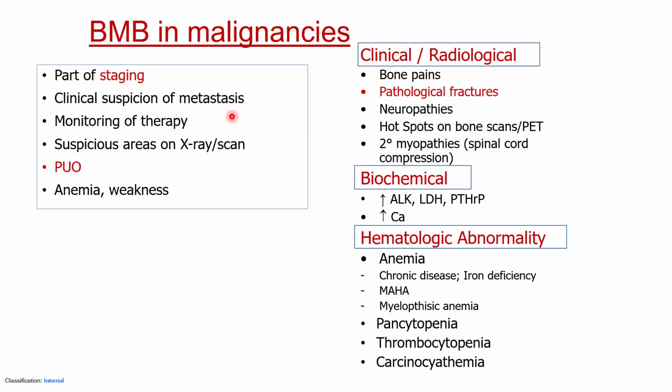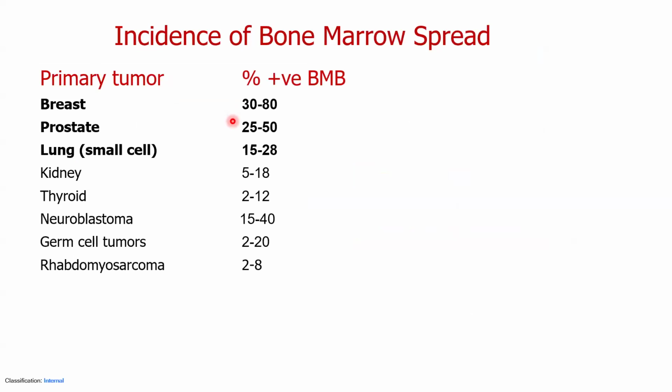So bone marrow biopsy in metastasis is also done when there are suspicious areas on the X-ray or scan, when there is PUO or anemia and weakness. Many times we have come across bone biopsies done for long-standing pyrexia, and we would have picked up the metastatic disease, and then the patient would have been subjected to radiological investigations, and the primary would have been found.